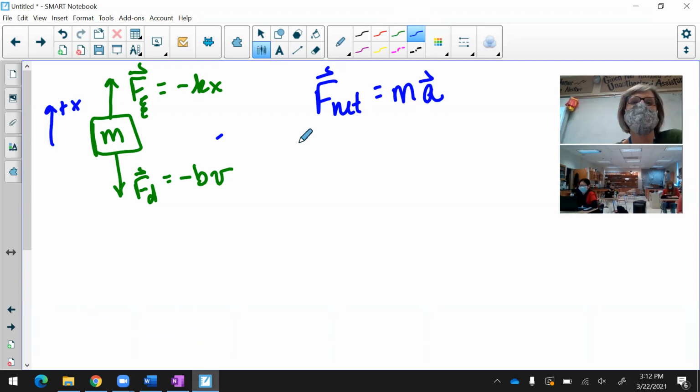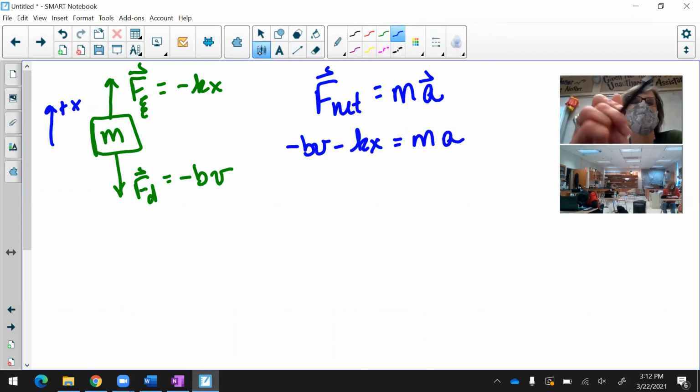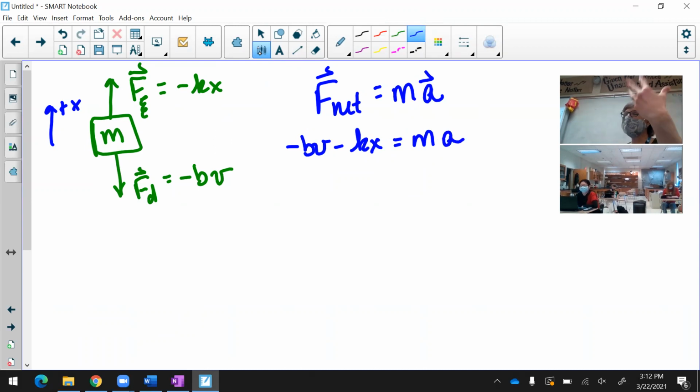So when I put in all these forces, I have negative BV minus KX is going to give me MA. And like I said, remember that V and X are going to be positive or negative, and that's going to affect which way everything's pointing.